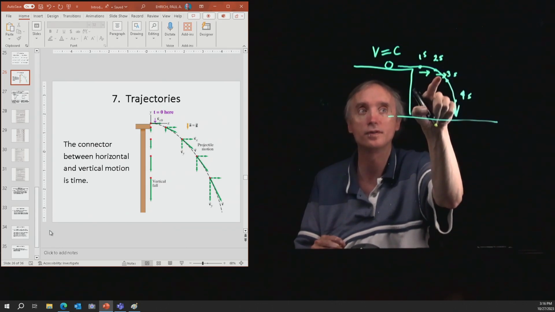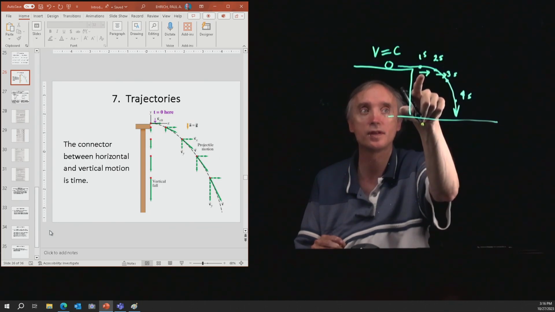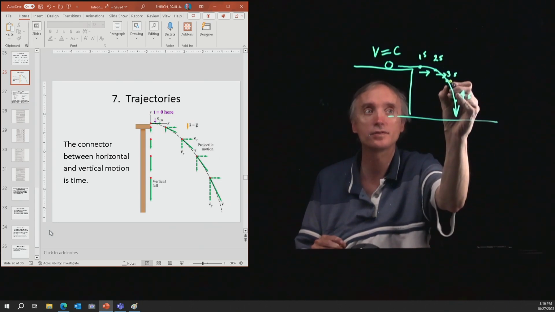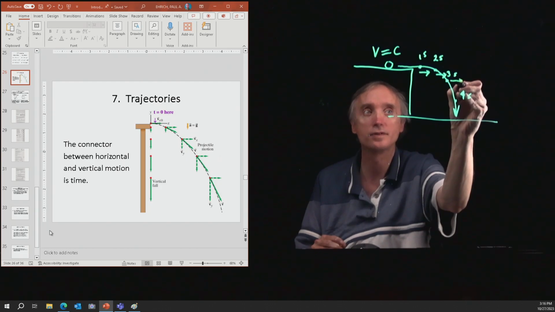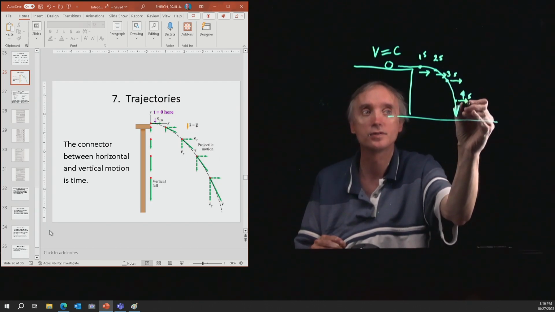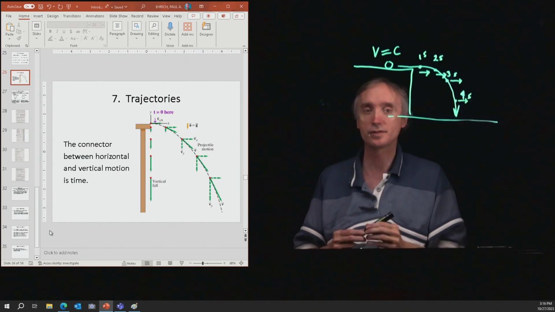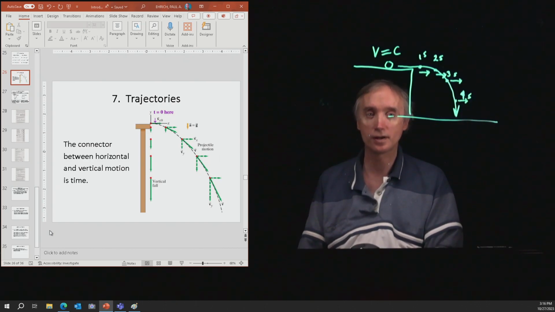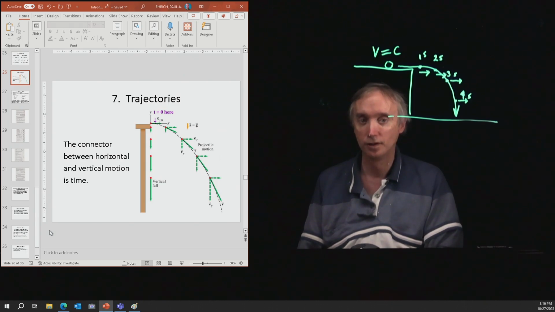So I'm drawing this arrow the same size as that arrow, and then this one here is going to have the same speed, and then this one is going to have the same speed. So the speed is constant in the sideways direction. Why is that true? What was Newton's first law of motion?